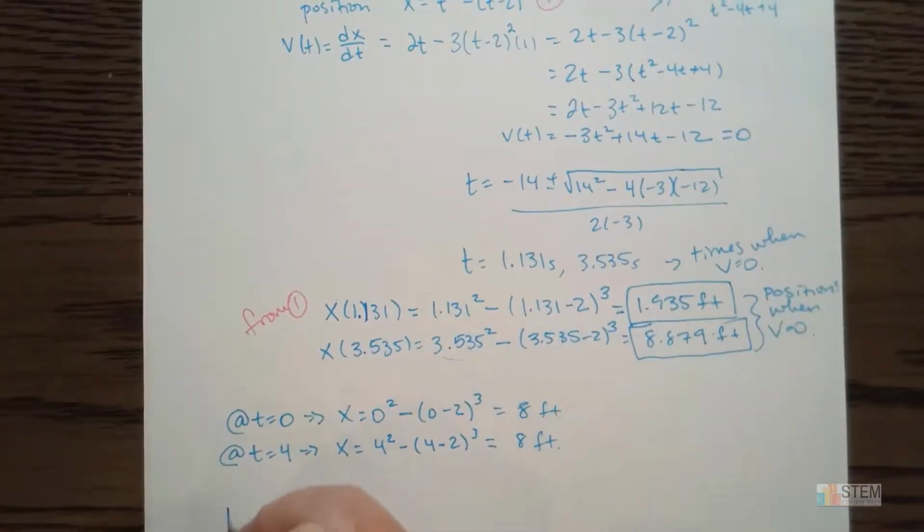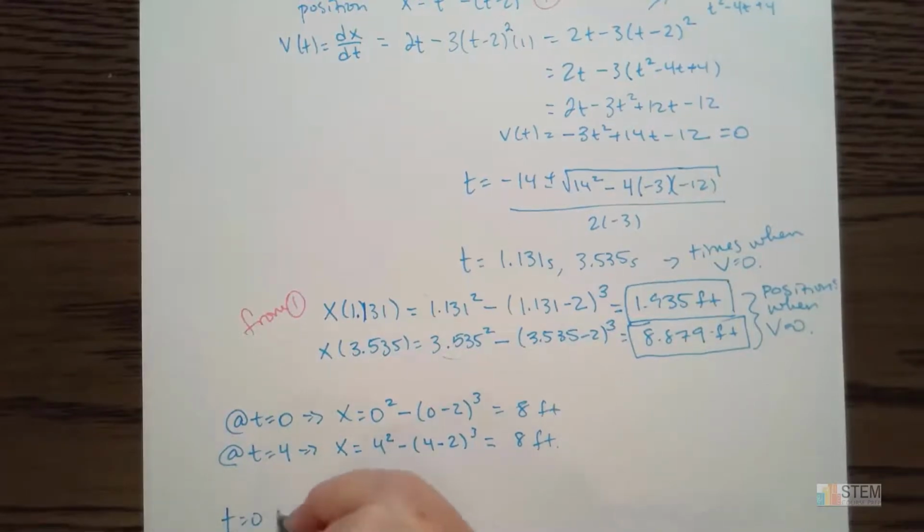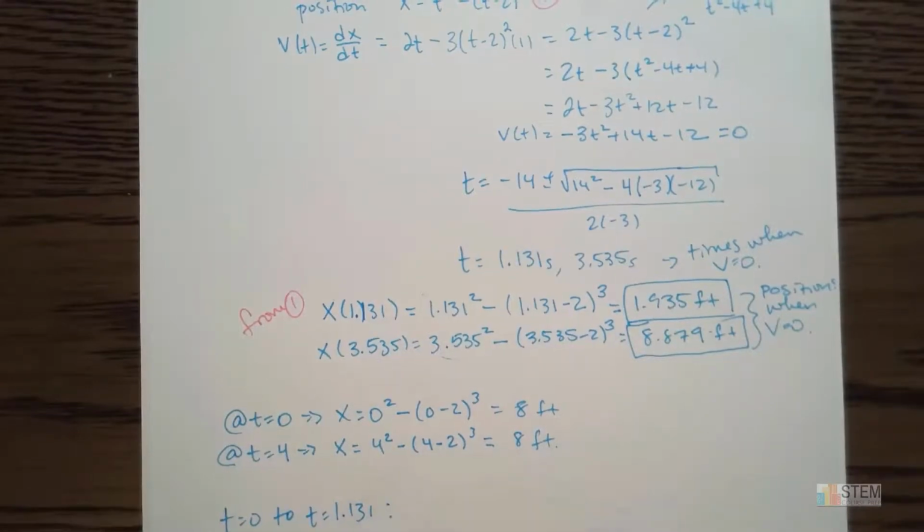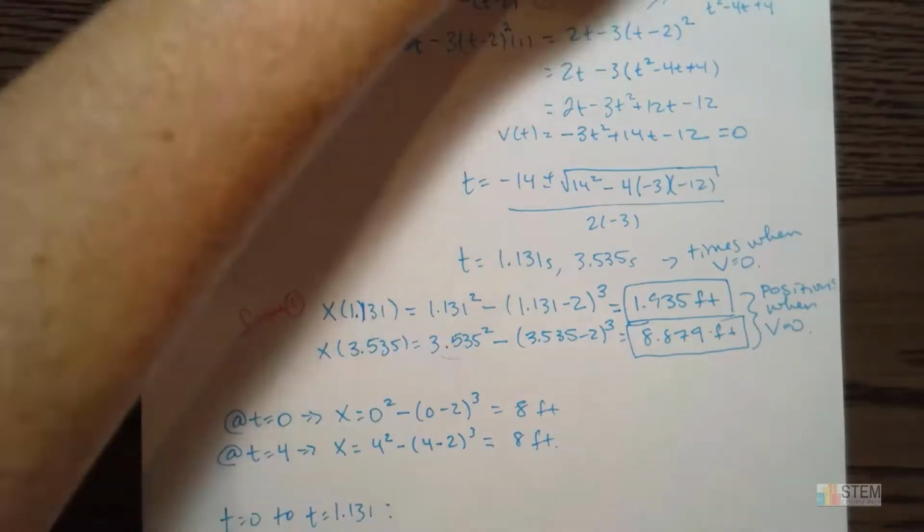Okay, so let's do t equals 0 to t equals the 1.131. All right. And all we basically need to do is take the difference in the position.